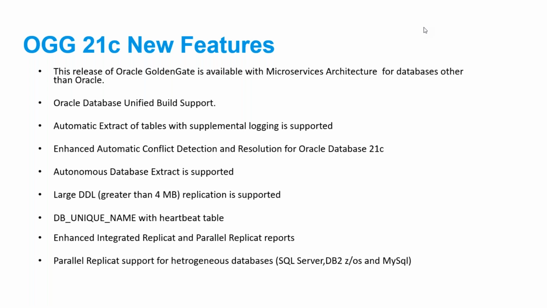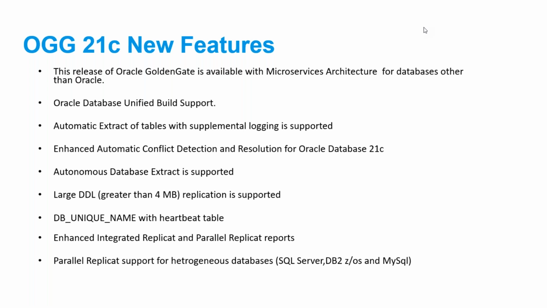But with release 21C, Oracle Goldengate microservices is available for 5 databases in total including Oracle. The support of microservices has been extended to SQL Server, DB2 and MySQL database, and there is one more database I believe. So the support for Oracle Goldengate microservices has been extended to more databases other than Oracle.